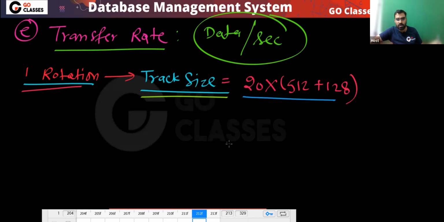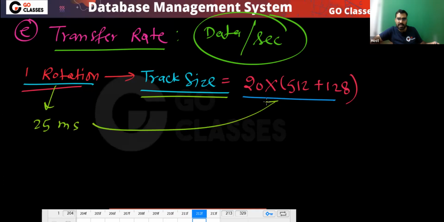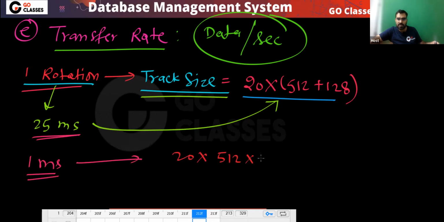Okay, in one rotation. So your answer will be what? And the one rotation time is already given to you, that is 25 milliseconds. In 25 milliseconds, this much data you can transfer. So per millisecond, how much data can you transfer?